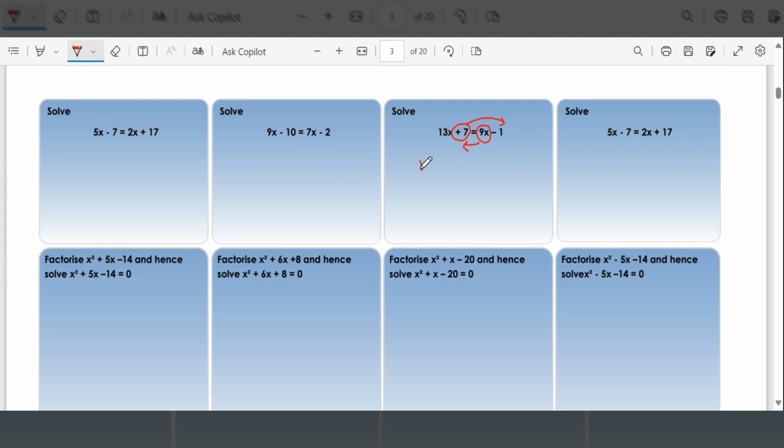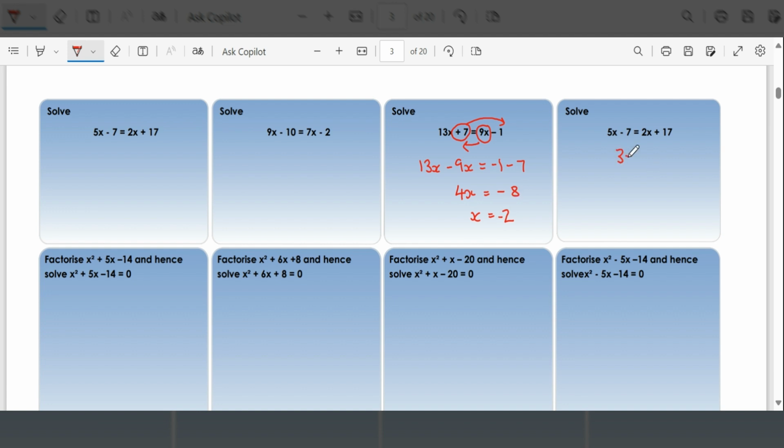So 13x, take away the 9x has come over, equals minus 1, take away the 7, and I've picked that because of the minus horribleness, okay? Probably the hardest one here. So 4x, which is 13 take away 9, equals minus 1 minus 7, again, is minus 8. 8 divided by 4 is 2, but it's not 8, it's minus 8 divided by 4, so it's minus 2.